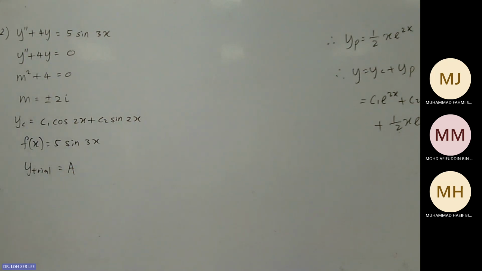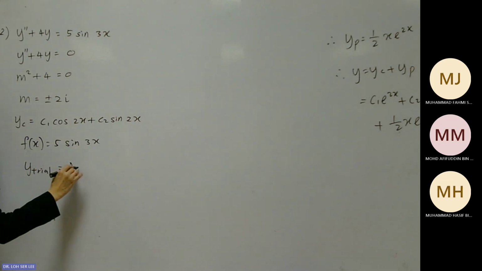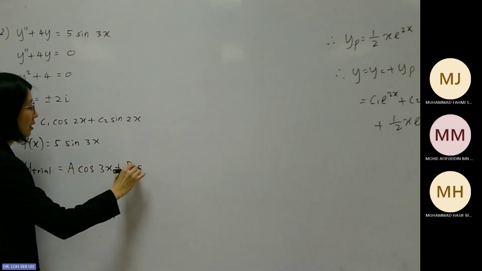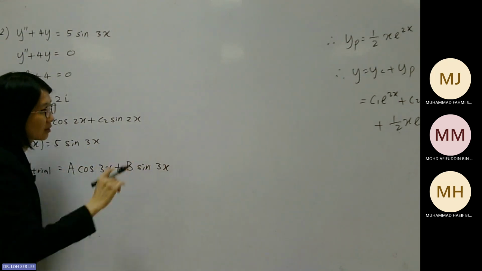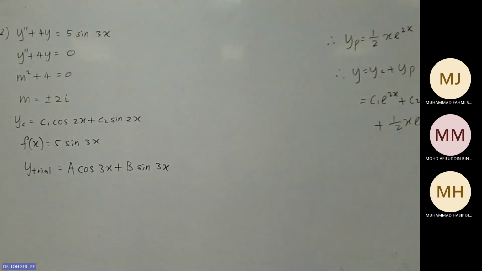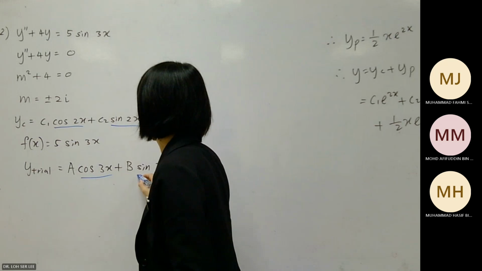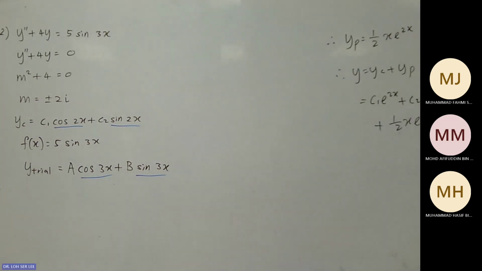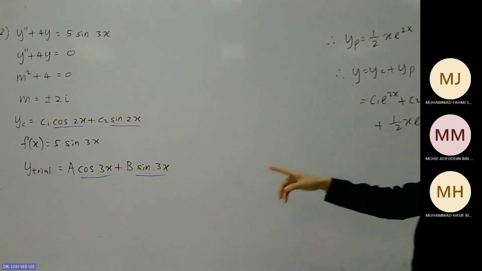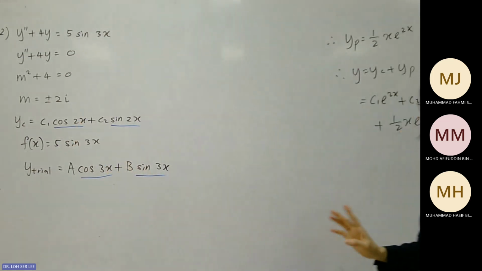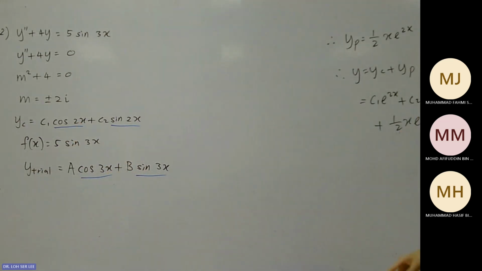It will always start with a constant A: A cos 3x plus B sin 3x. Okay, now check for the duplication. Is there any duplication? No duplication because their angles are not the same. This is 2x, this is 3x. So not the same. So no duplication. If there is no duplication, it means that this is your yp.